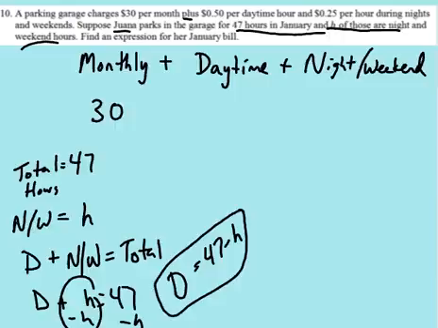So for this problem now, 30 plus daytime hours. Well, I get 50 cents, so I'm just going to write 0.50.